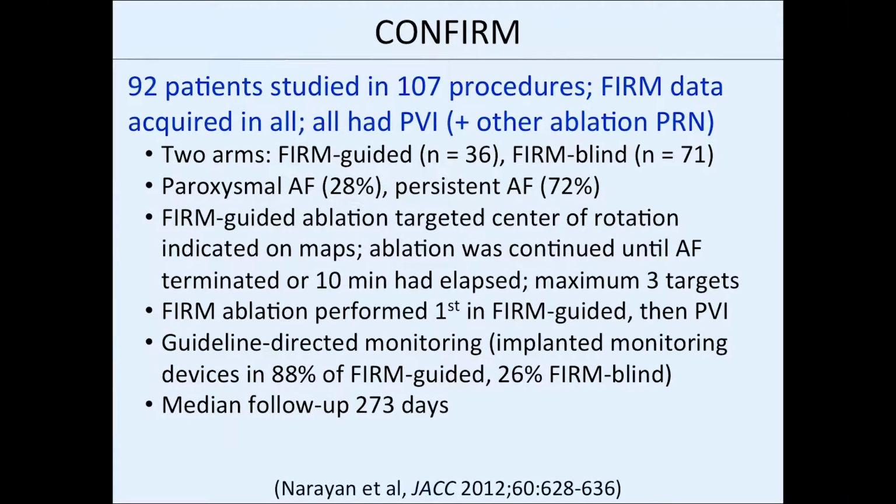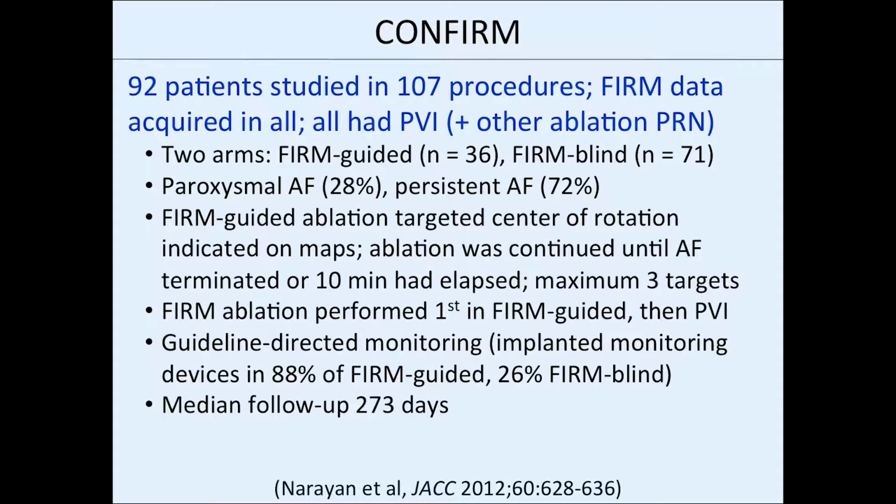In the pivotal study that he reported some years ago, comprising 92 patients with 107 procedures, he used focal impulse and rotor modulation, or FIRM, data that was acquired in all patients, and all patients had pulmonary vein isolation as well. There were two arms to this study, as we all recall.